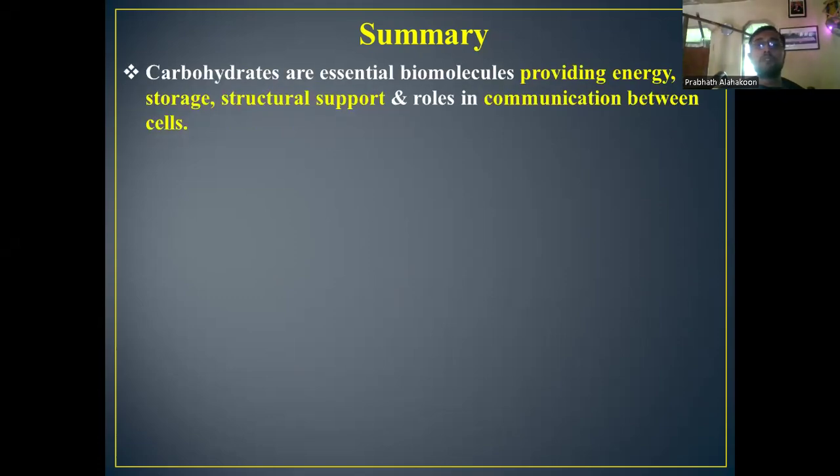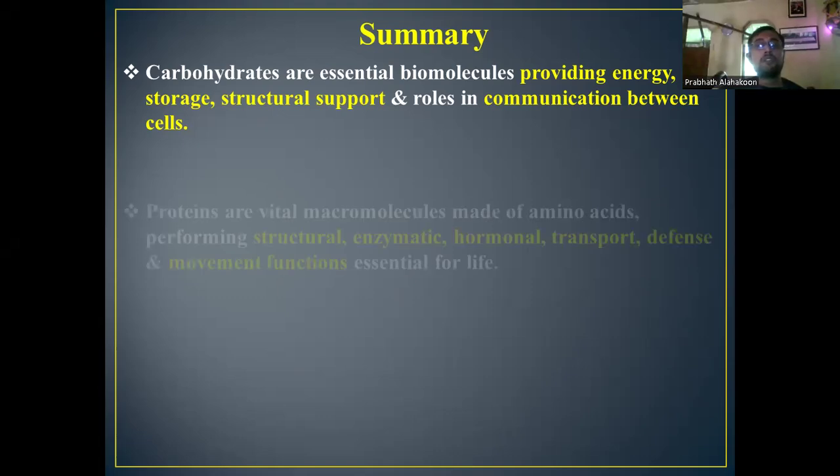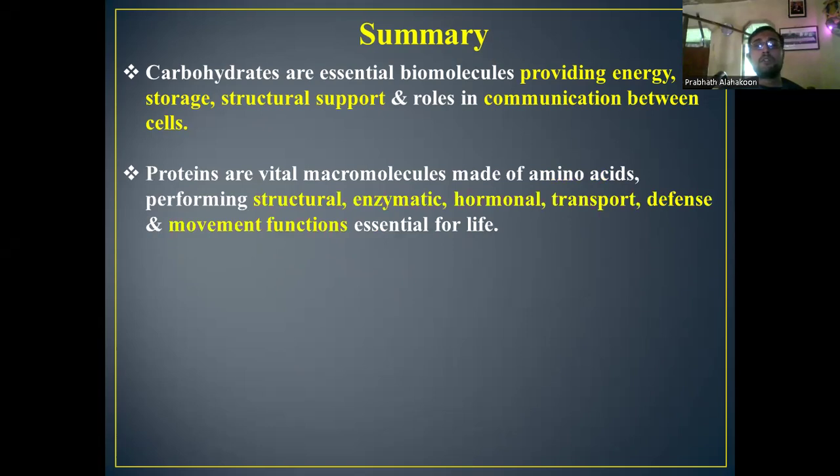Carbohydrates are essential biomolecules providing energy, storage, structural support, and roles in communication between cells. Proteins are vital macromolecules made of amino acids performing structural, enzymatic, hormonal, transport, defense, and movement functions essential for life.